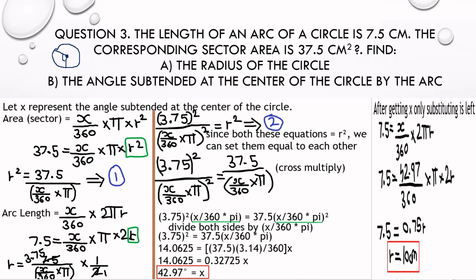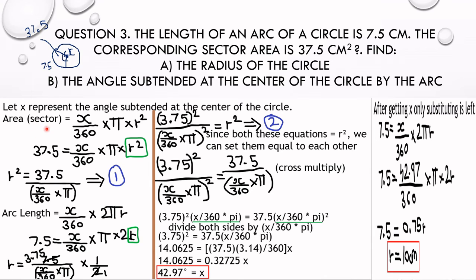We have this angle which I have labeled as x. We have the arc of the circle, that is 7.5, and we also have the area, that is 37.5. This is the basic structure. Now let us move ahead.